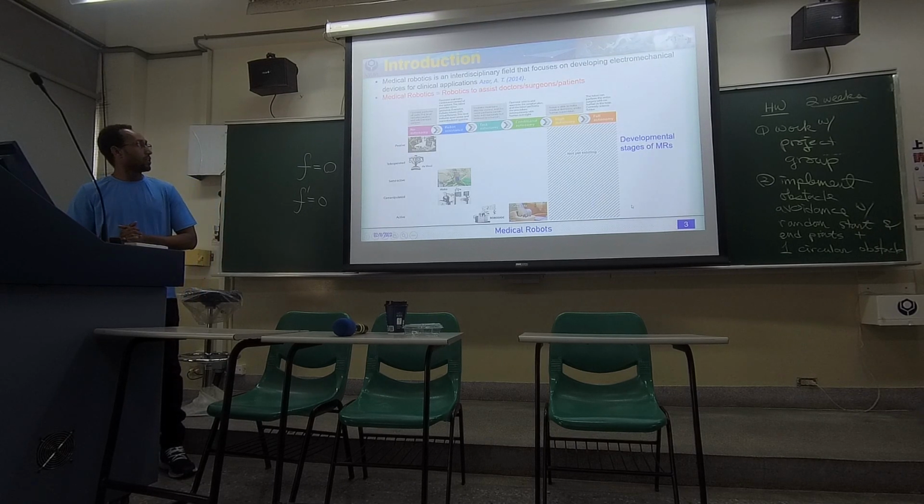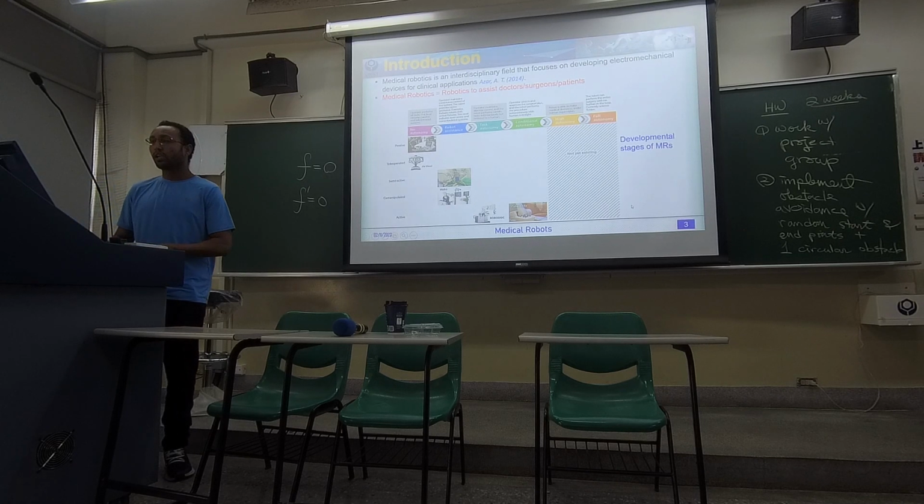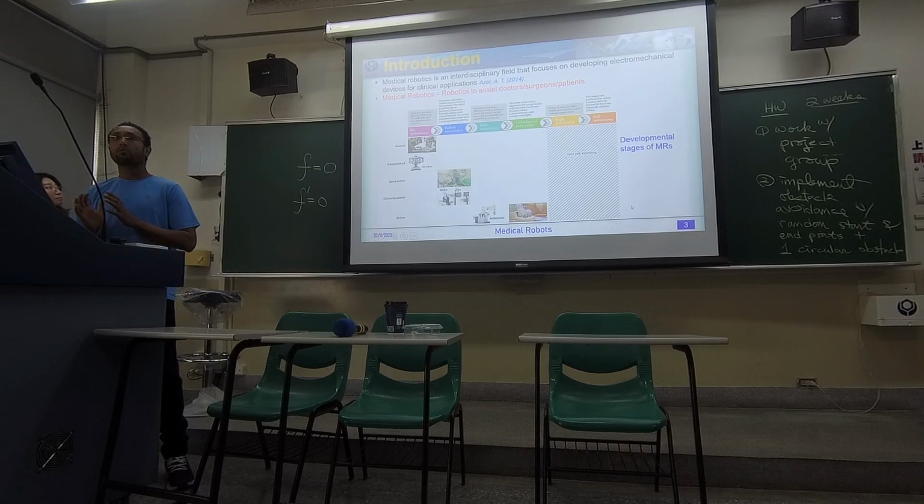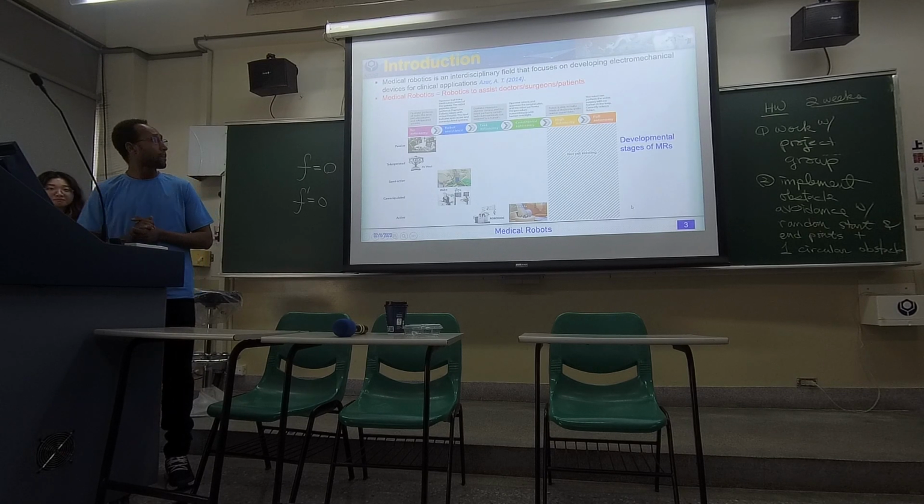To come up with the introduction, medical robotics is an interdisciplinary field that focuses on developing electromechanical devices for clinical applications. So medical robots are simply robots to assist doctors, nurses, surgeons, and patients. As with any emerging technology, medical robots have their own developmental stages.